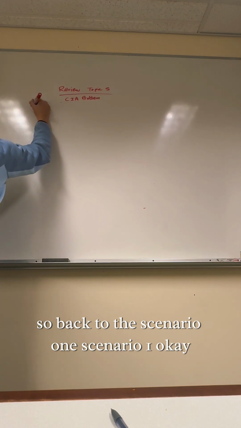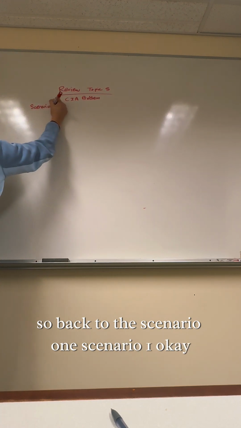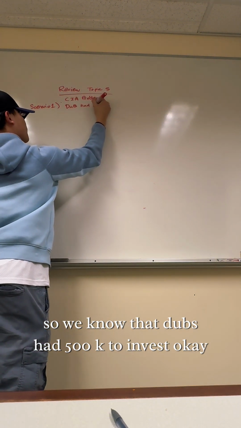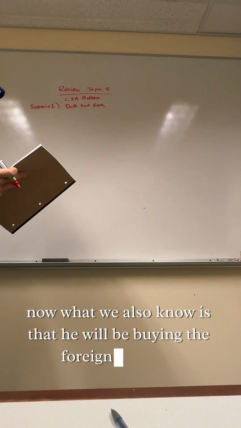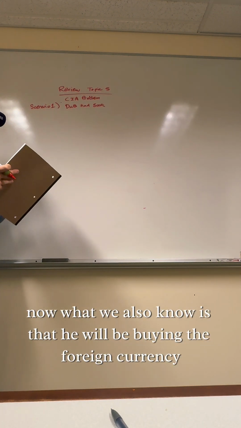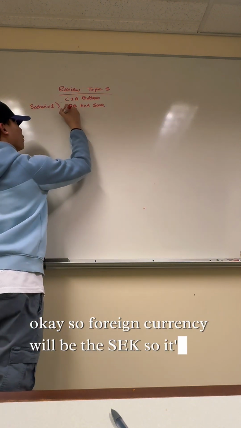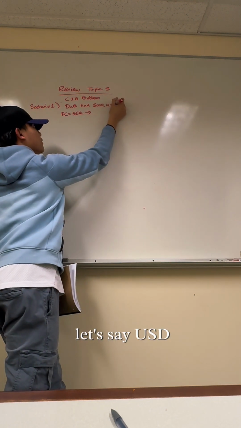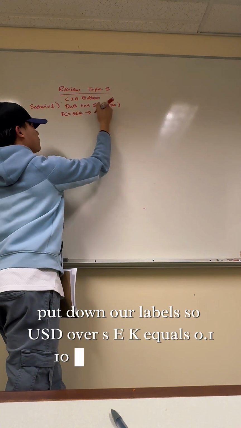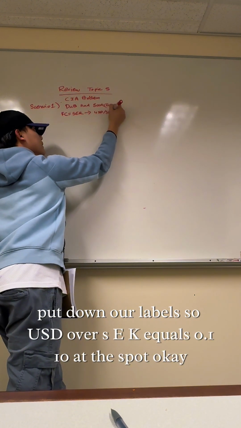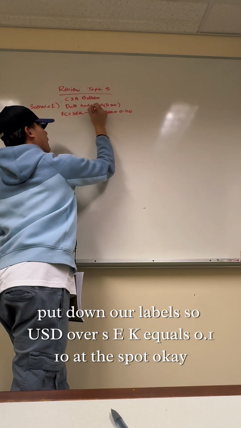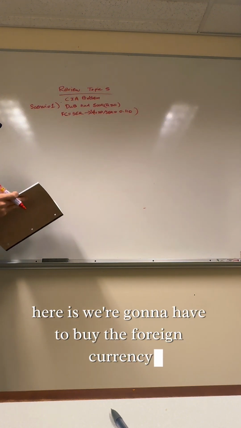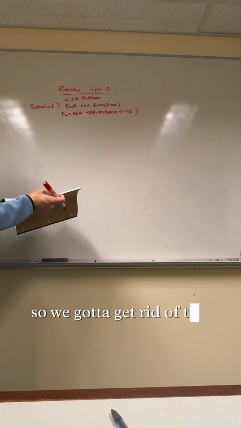So back to scenario 1. We know that Dubs had 500K to invest, and he will be buying the foreign currency, which is the SEK. Let's put down our labels: USD over SEK equals 0.110 at spot. We have to buy the foreign currency, so we get rid of the USD unit.